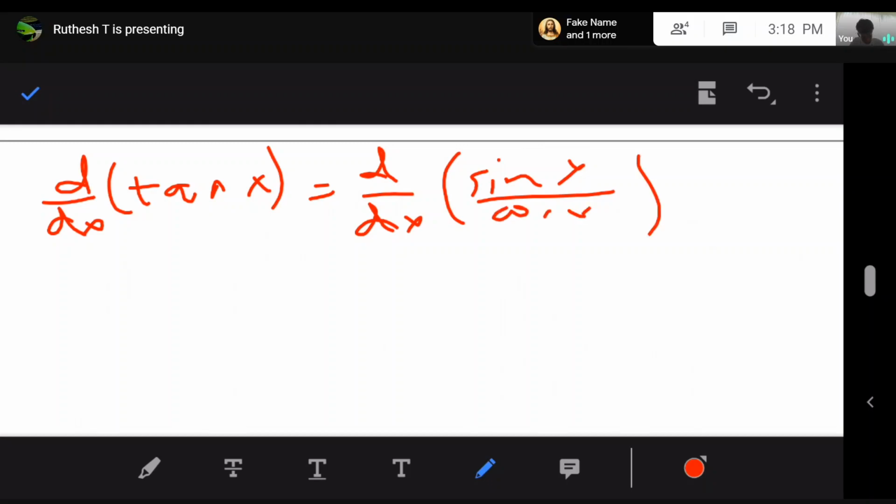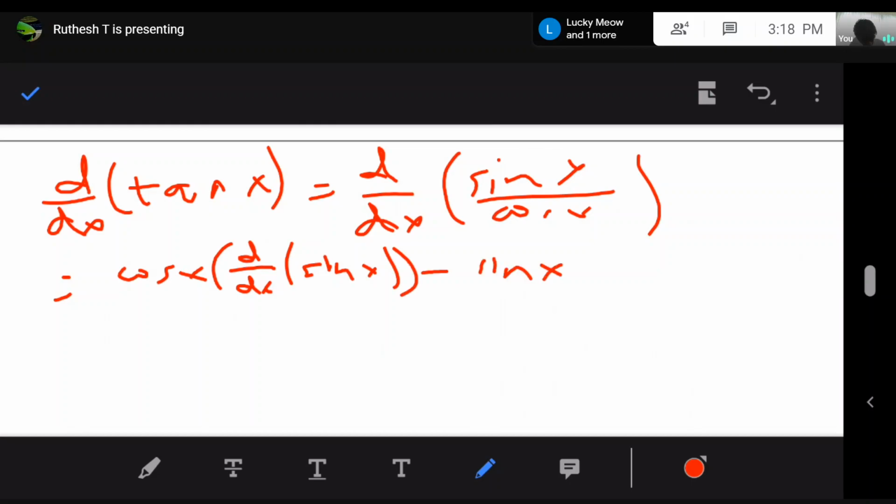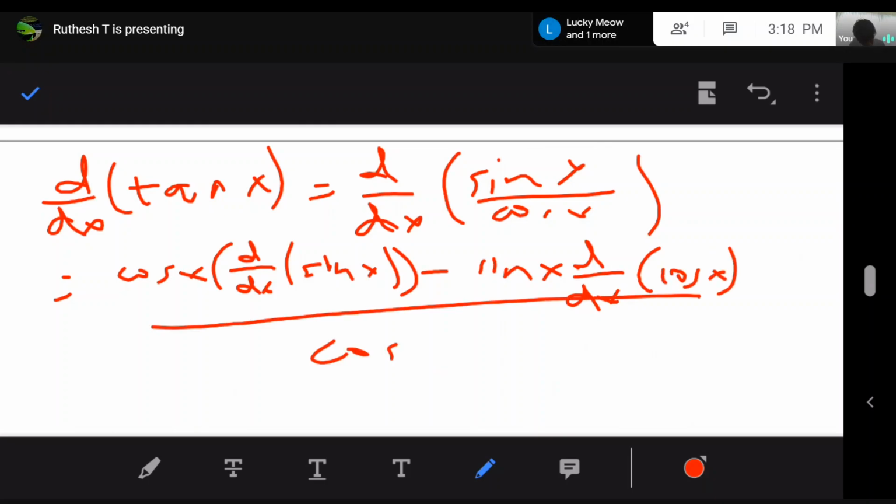And then this just becomes a trivial quotient formula. So all you do is cosine x times the derivative of sine x minus sine x times the derivative of cosine x over the denominator squared, cosine x squared.